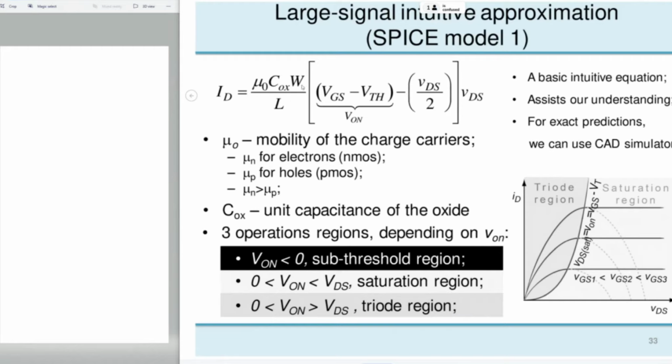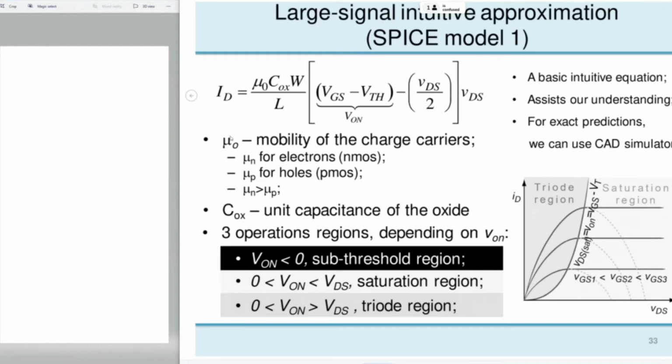And then we have the dimensions of the transistor, W over L, and some technology constants, the mobility of the carriers and C oxide. So this is usually given. This is a design parameter, and these are also design parameters. So this gives a basic intuitive equation, assists our understanding, and for exact prediction we'll use Cadence.